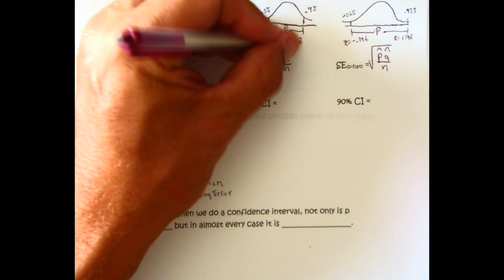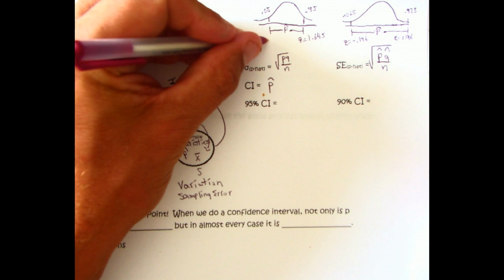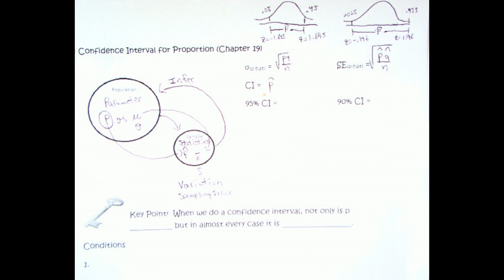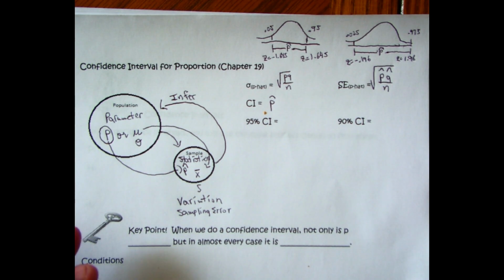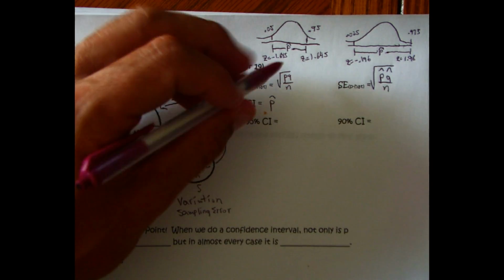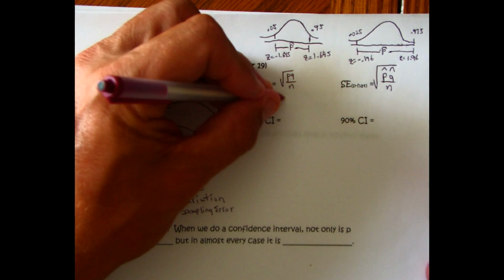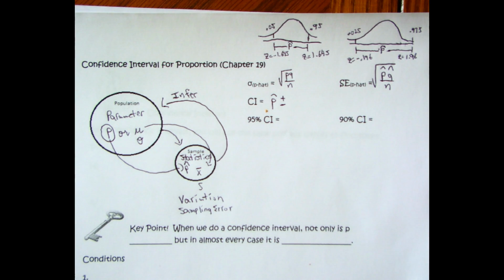And then this would be z equals 1.645, and this is z equals negative 1.645. So our confidence interval is always going to be our p hat in the middle, and if we go to the right, we're going to add an interval, and if we go to the left, we're going to subtract an interval, so plus or minus.